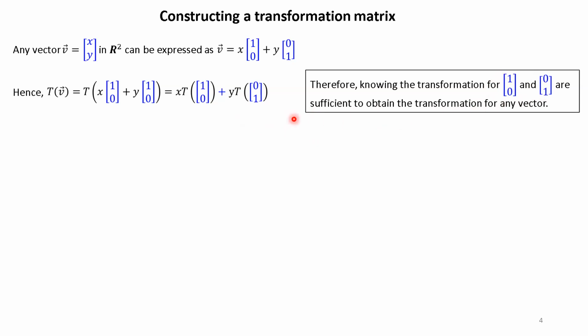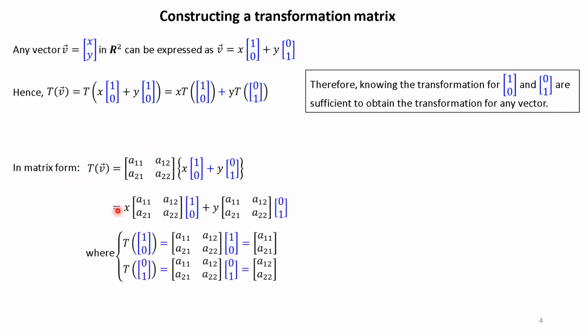I just need to tell you this T(1, 0) and T(0, 1). In matrix form, this T of v can be written as this matrix-vector product. And because here I have a sum of two vectors, I can treat it as a sum of two terms: the matrix-vector product for (1, 0) and the matrix-vector product for (0, 1).